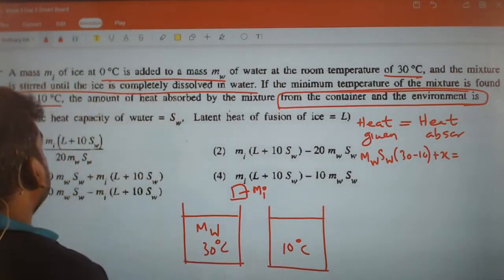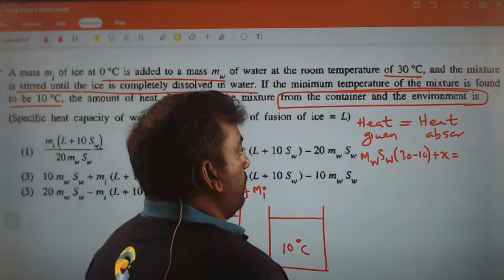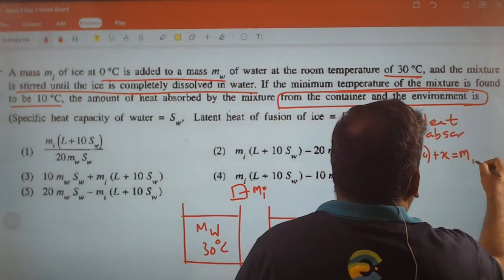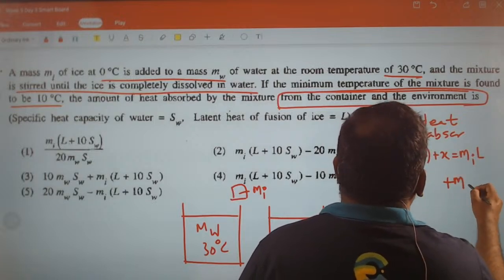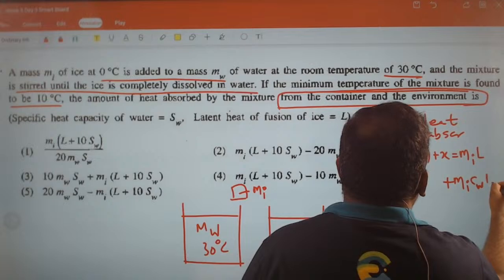Mass of ice. What is happening? Mass of ice will completely melt, m1 L_f, and that mass will reach 10 degrees Celsius.